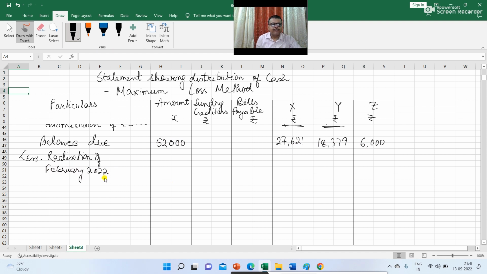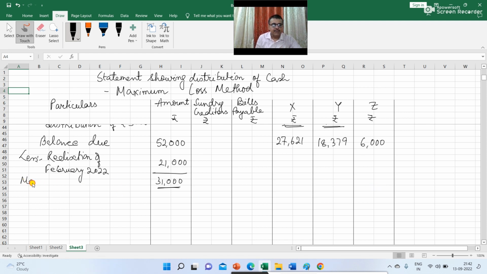Now realization of February 2022 is 21,000. So here 31,000 is the maximum possible loss. So this 31,000 will be allocated to X, Y, and Z, because we are doing it under the maximum possible loss method. So after realization of 21,000, nothing is going to be realized further. So the loss of 31,000 will be allocated to X, Y, Z in PL ratio.